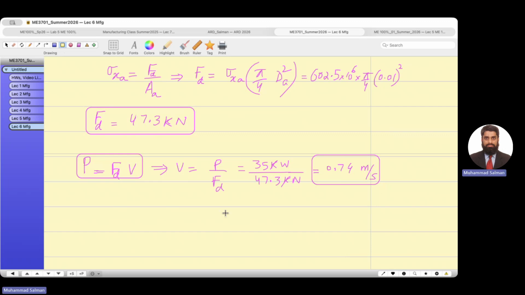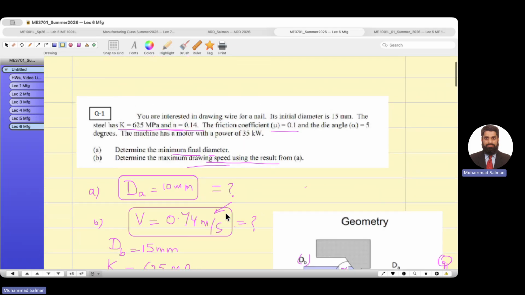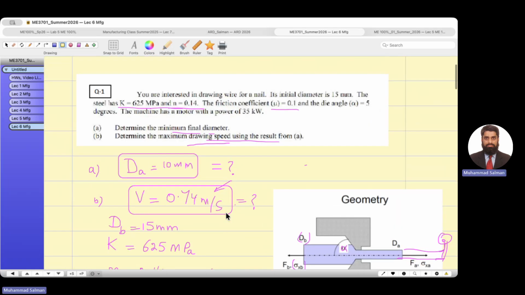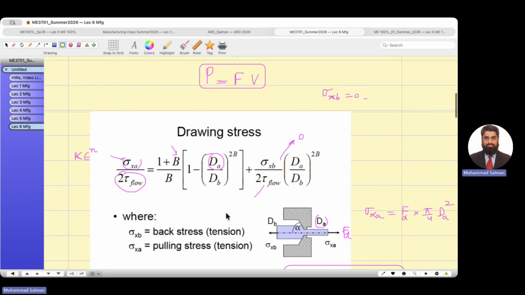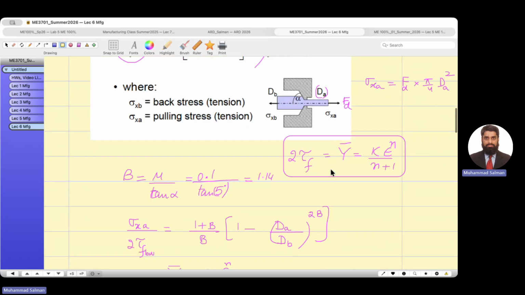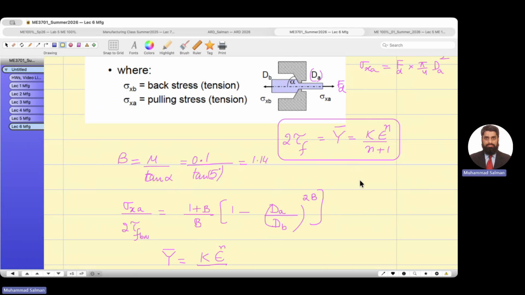Okay, so let me revise this review. If you see such a problem, you will start with finding the minimum diameter using the Tresca, which is the sigma flow, 2 tau flow equals the average yielding stress.